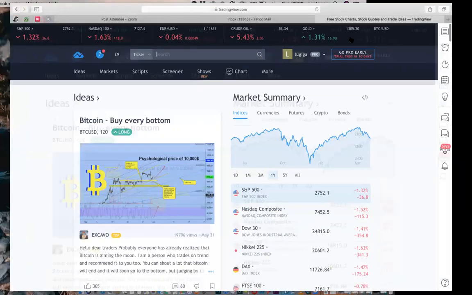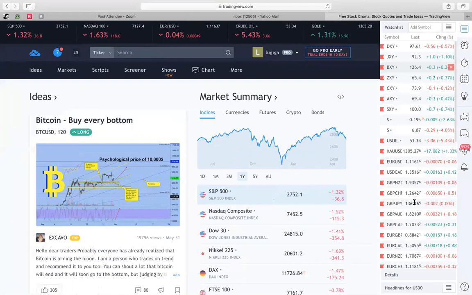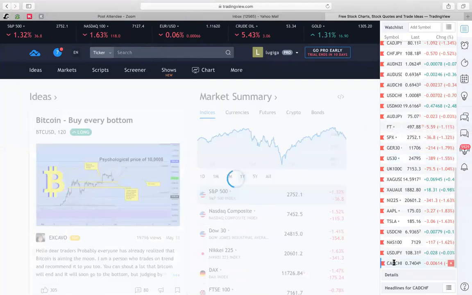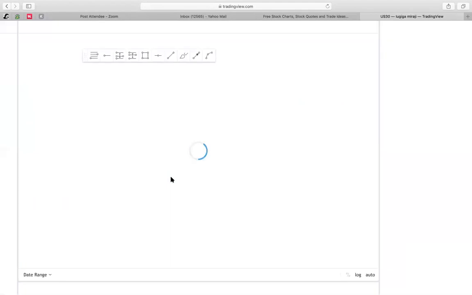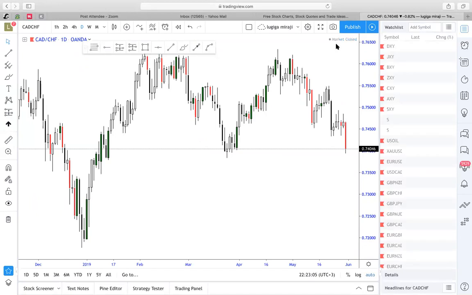Okay, here is my TradingView, and these are the pairs I'm trading. I'm trading almost all of the pairs and the commodities. We're going to talk about one pair. Let's take this pair, CAD/CHF, Canadian dollar against the Swiss franc. I hope you get the picture now.